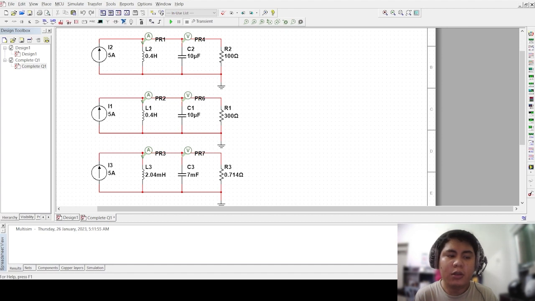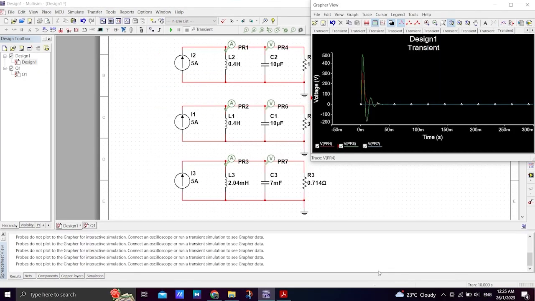Lastly, for the overdamped circuit, R is 300, L is 0.4 henry, and capacitor is 10 microfarad. After that, we construct our circuit in Multisim and run the simulation. This is the value that we get when we run, using the voltage probe to get the voltage of circuit 1, circuit 2, and circuit 3.